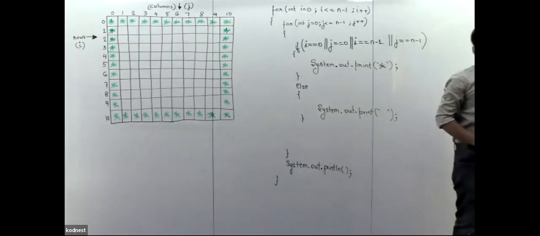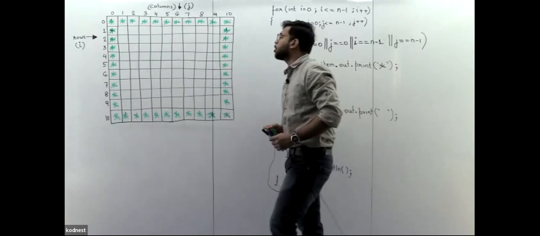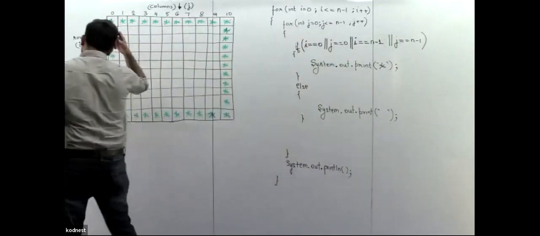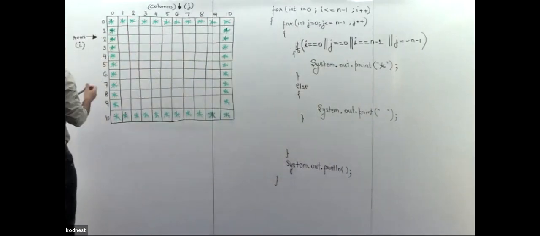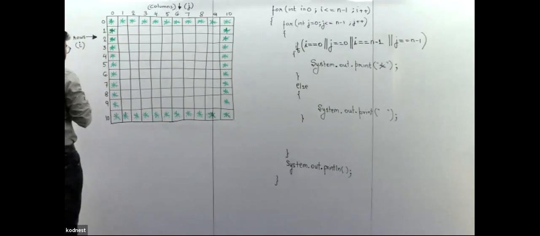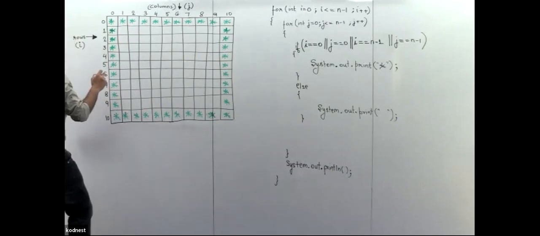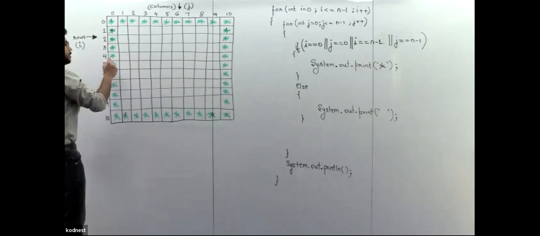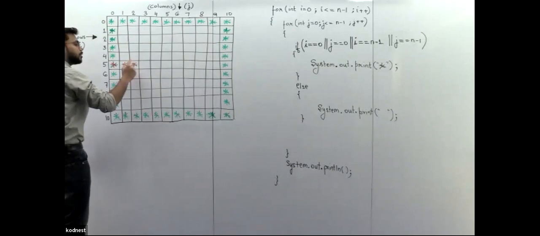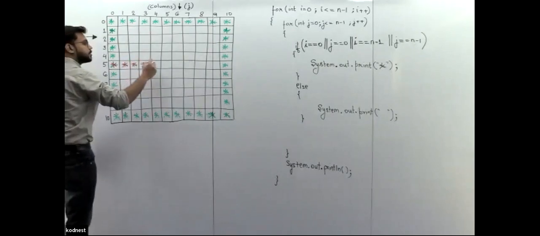Now move ahead and let us understand a few more very important things here. Now I want to print the star whenever the i value is this. I want to print the star over here like this.